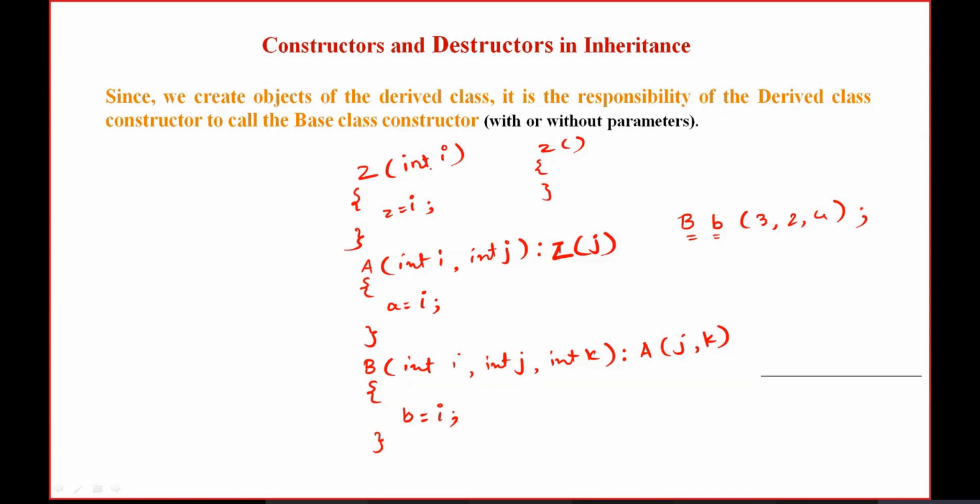But if you define a parameterized constructor in the class, you cannot expect a default constructor to be automatically created by the compiler. We have discussed this earlier, right? So you need to explicitly mention the default constructor if at all there is a possibility that the default constructor of the base class would get called.